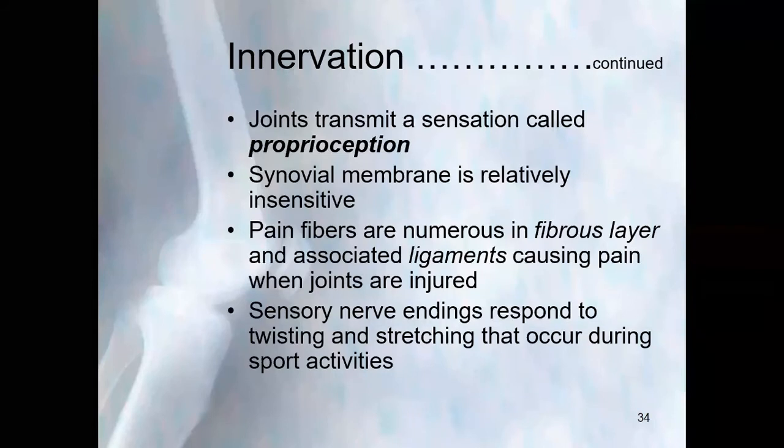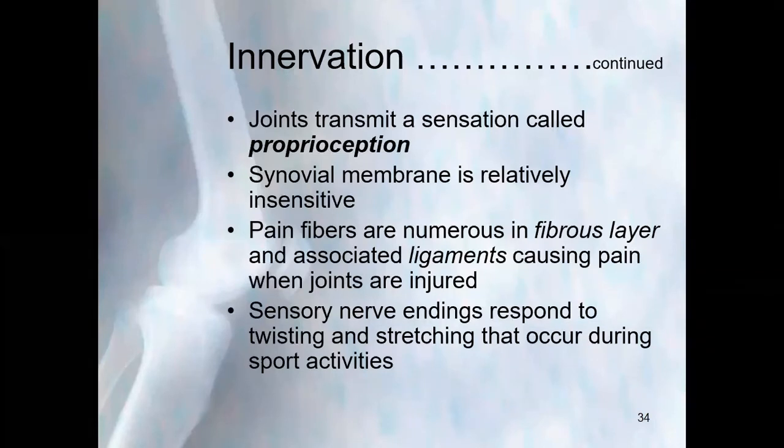The sensory innervation of the joint is called proprioception. The synovial membrane is relatively insensitive to sensory information. The pain fibers are numerous in the fibrous layers. Therefore, twisting of the joint is sensitive to sensory information.